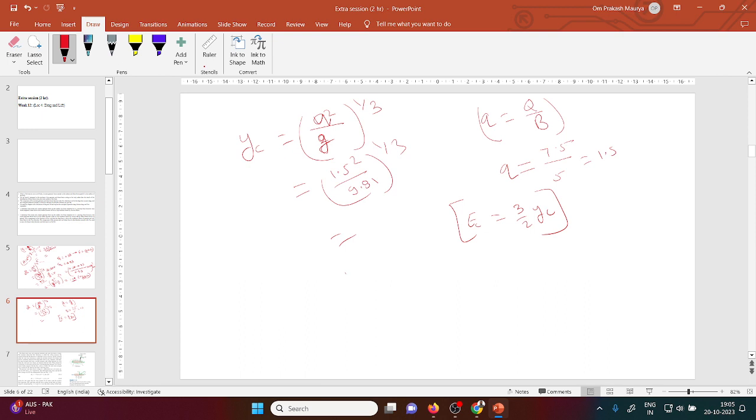So again, small q is equal to 15 by the depth.